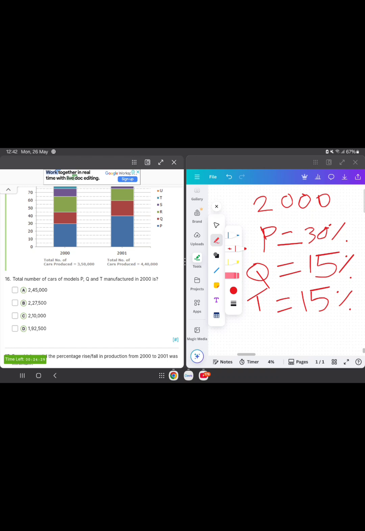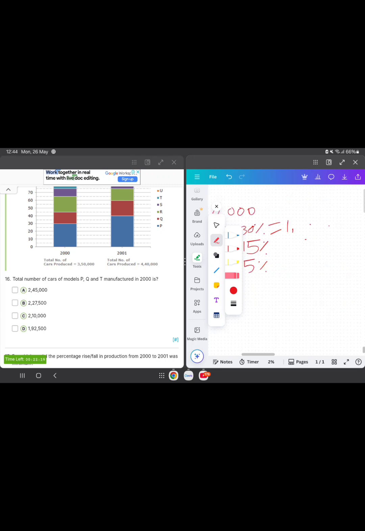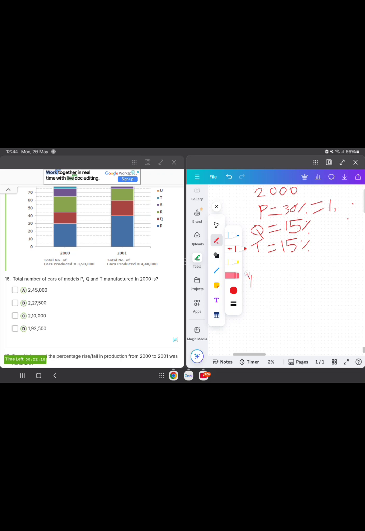For P, which is 30%, we'll have 30% times 350,000. So for P we have 105,000.